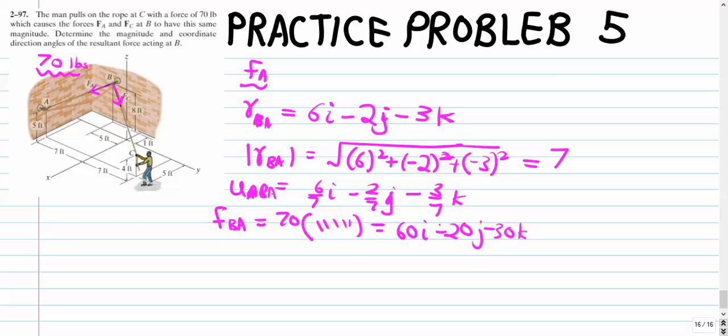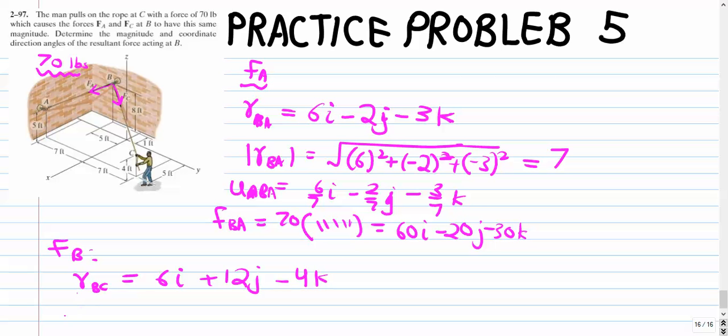So now let's move on to the second force, that is Fc. For this force, we have the components, R from B to C is equal to, it goes 6 meters in the x direction, 12 meters in the y direction, and finally it goes 4 meters in the negative z direction.